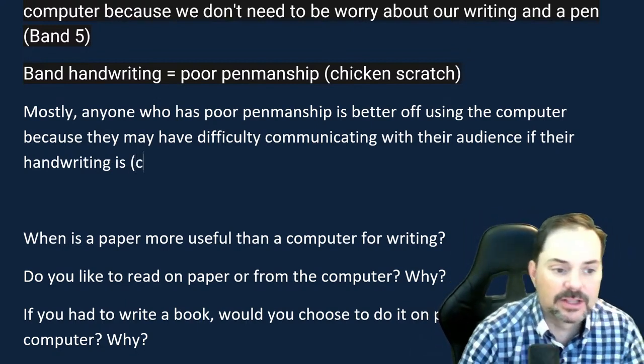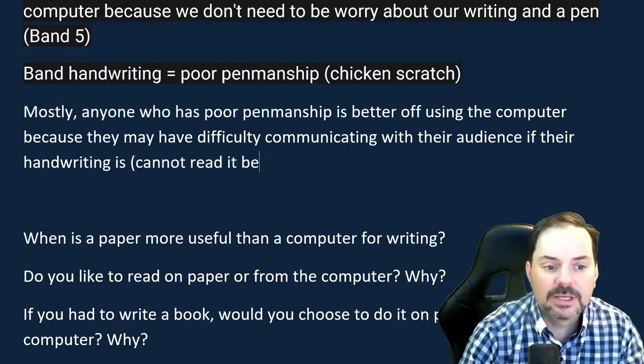How do we say that in English? Cannot read it because it is chicken scratch.